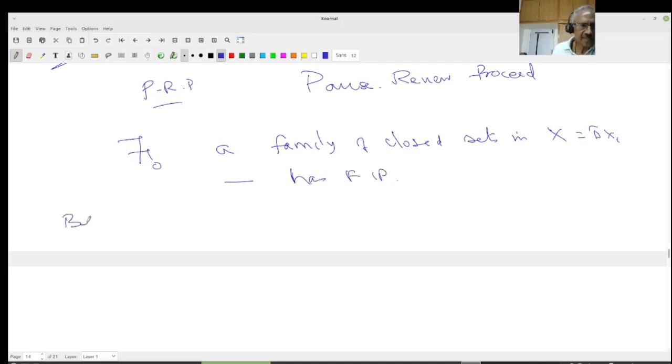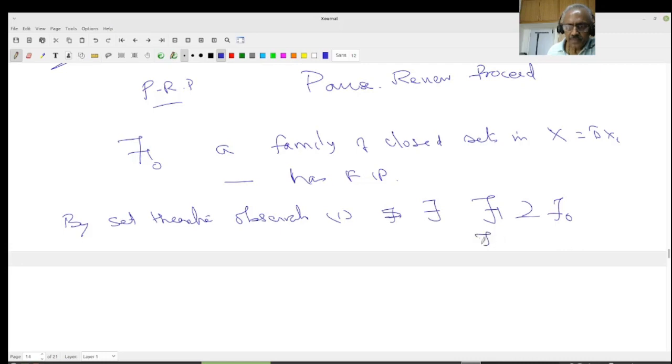Okay, so by the set theoretic lemma, observation 1, we know there exists a script F containing F naught, and script F has FIP. Notice that script F is a family of subsets of X, and elements of script F need not be closed.